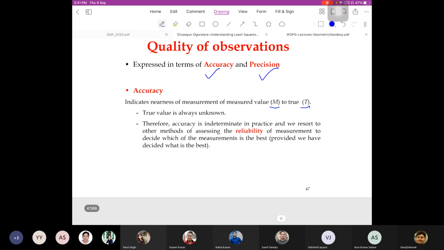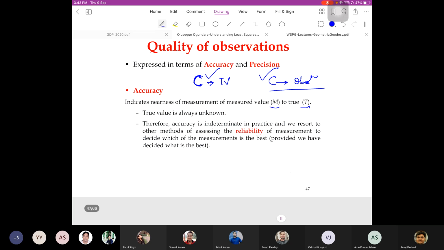Yesterday also we discussed that accuracy is closeness to the true value, and in the case of precision, it is the closeness among observations.